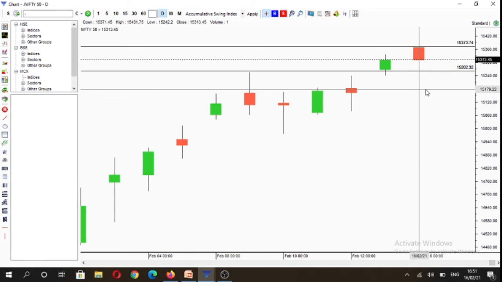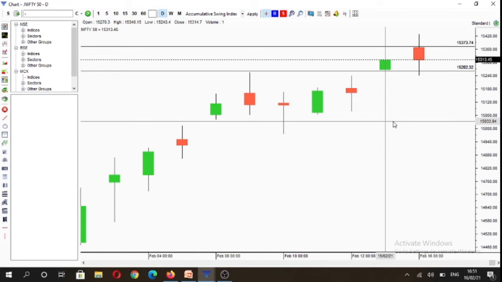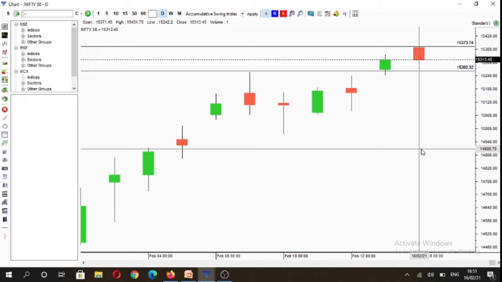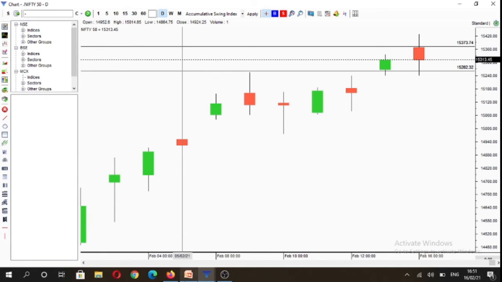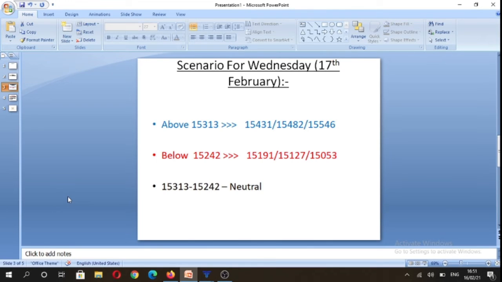So we would have to see based on daily opening what is likely to happen tomorrow. If market trades above daily open tomorrow, we look for buying opportunity, and if the market trades below the daily open tomorrow, we look for selling opportunity. Based on the daily time frame, above 15,303 levels, we can trade towards 15,431 levels, 15,482 levels, and potentially 15,546 levels.